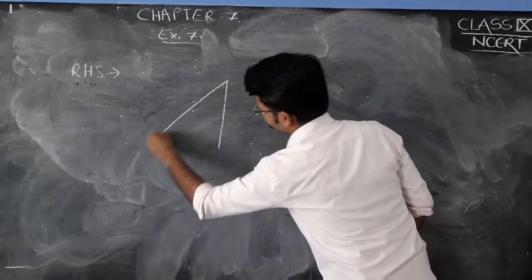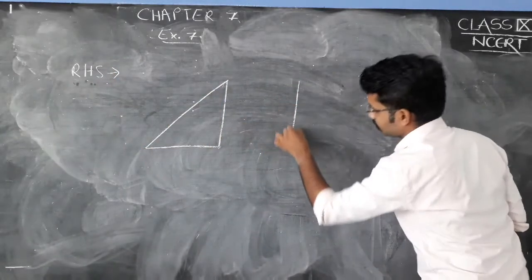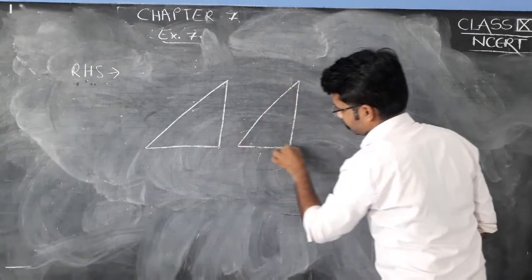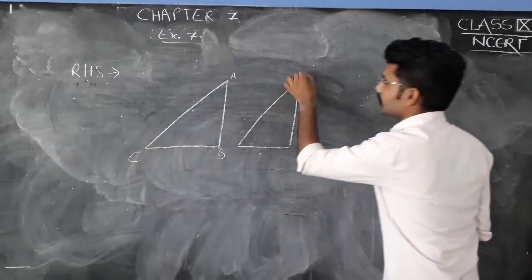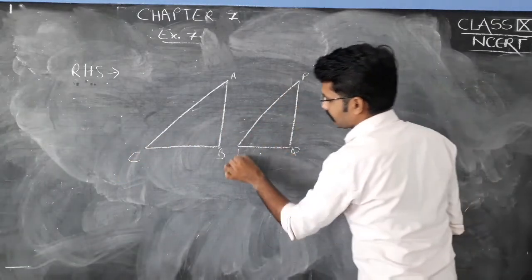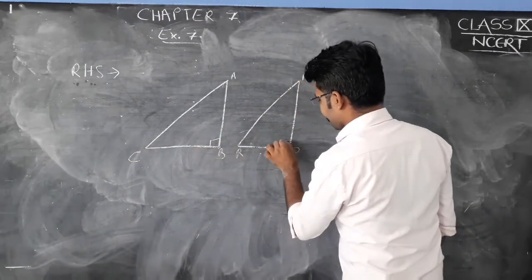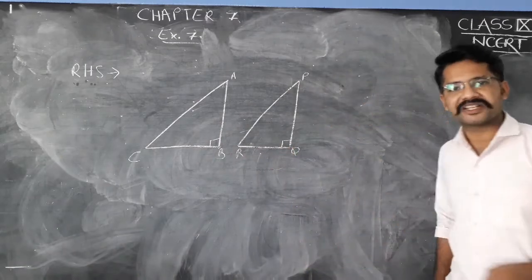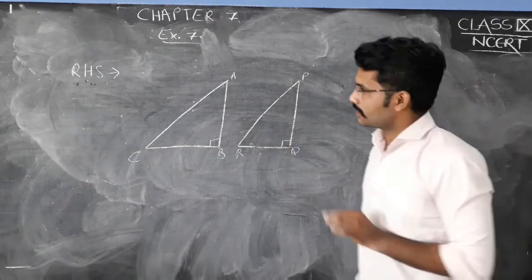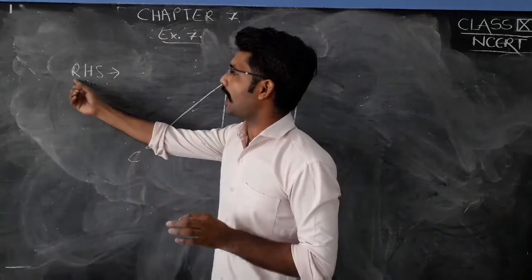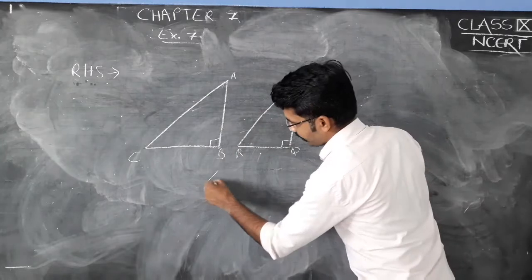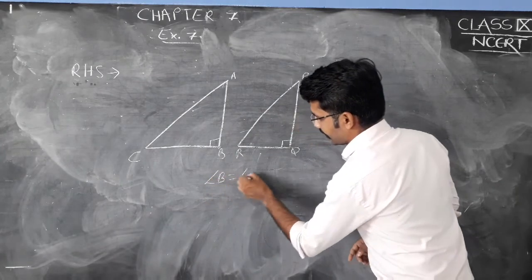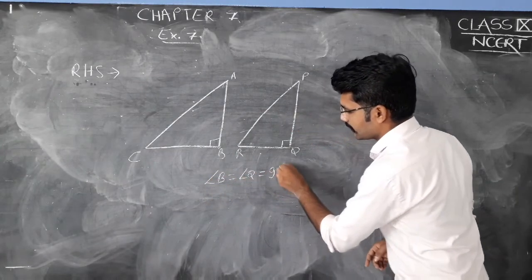Suppose we have two triangles, triangle ABC and triangle PQR. Angle B and angle Q are right angles. So R means at least one angle should be 90 degrees, and we can write angle B equals angle Q equals 90 degrees.